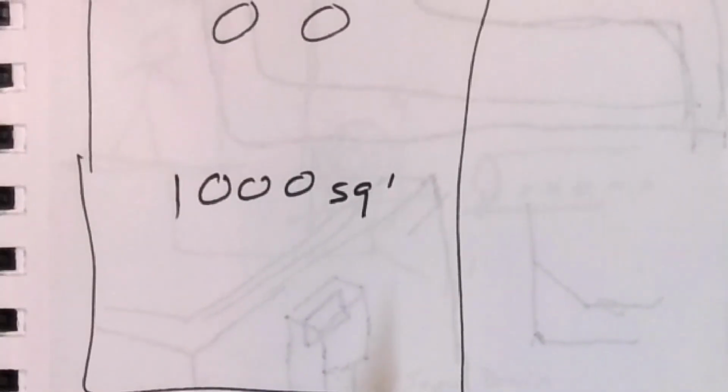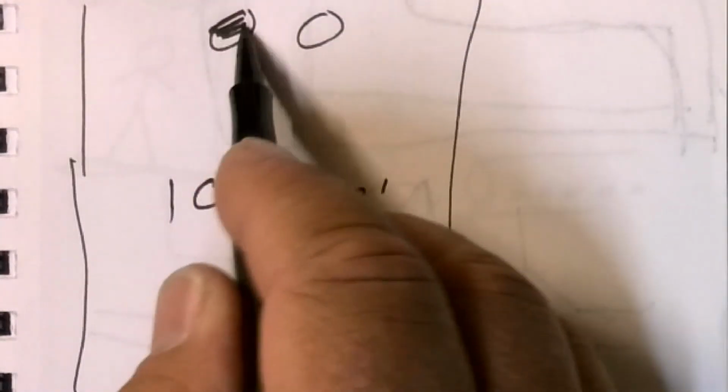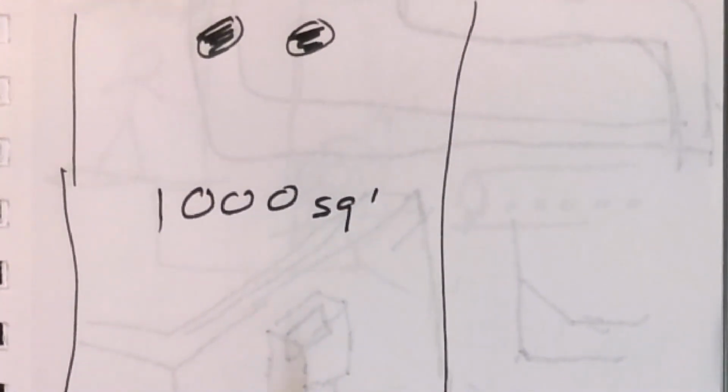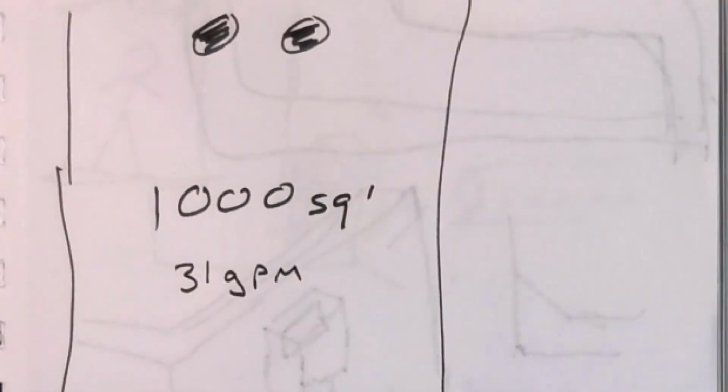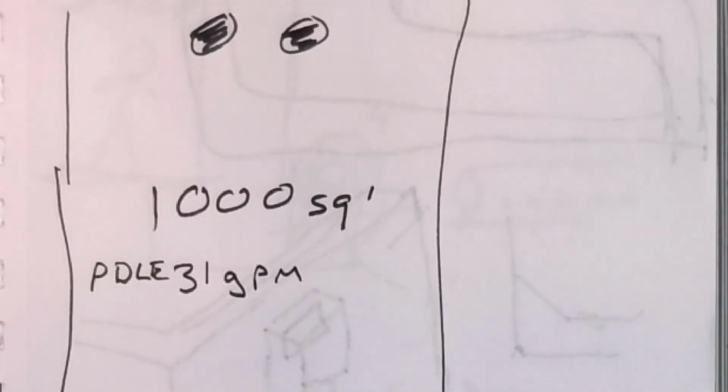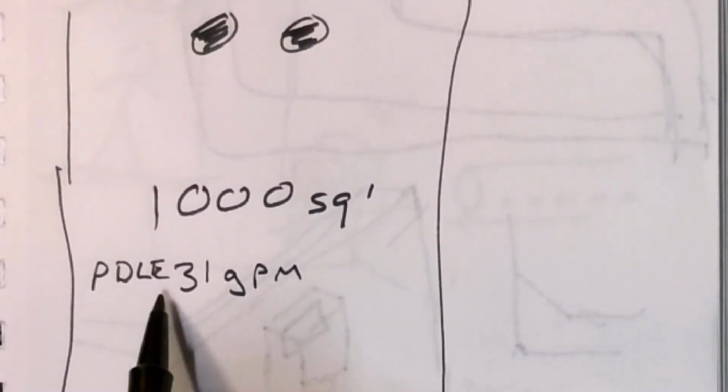Okay, so that's my roof, 1,000 square feet. This is my roof drain. Okay, in Palmdale, that is 31 gallons per minute. Palmdale. 31 gallons per minute.